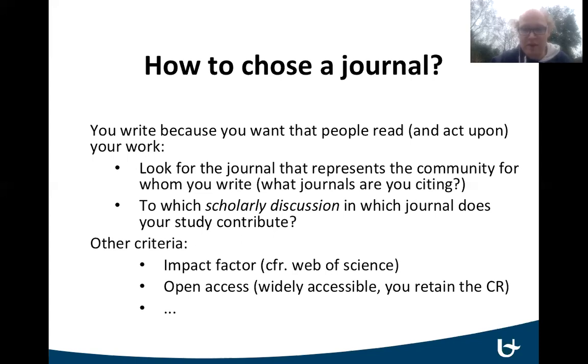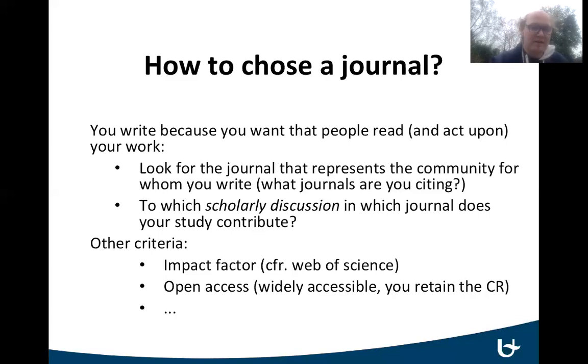So there are journals that get more citations, which means probably that they are also read more by other scientists that write papers and refer to other papers in that journal, which is actually what you want, because we want to contribute to a community. We want our papers to be read, and we want other people to build on this.